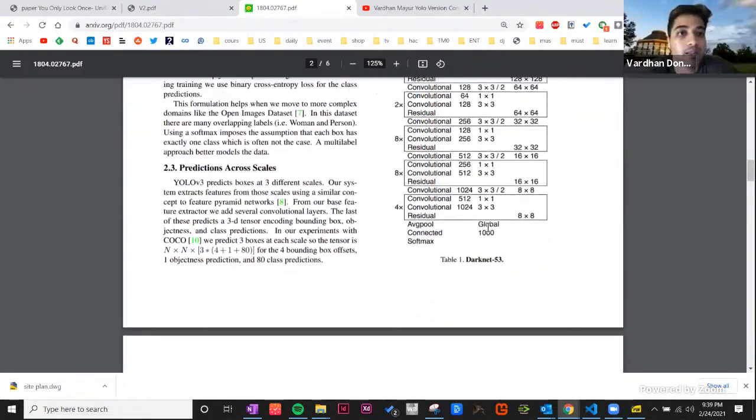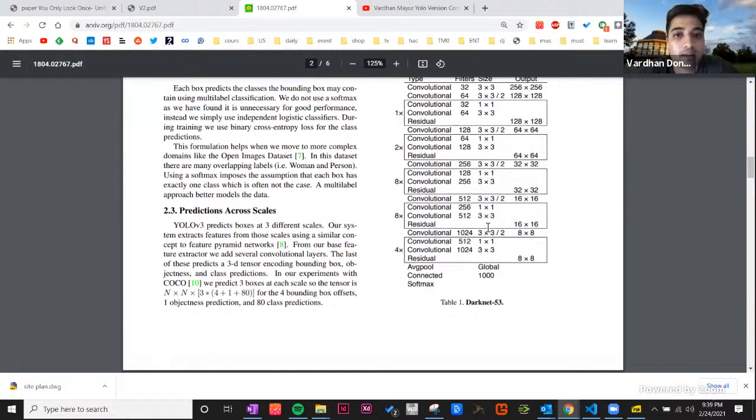So you mean for V3? Yeah, V3 has 53 convolutional layers and was doing 50 frames per second, and V1 has 24 convolutional layers and was doing 45 frames per second. So logically, 53 layers should take longer than 24.